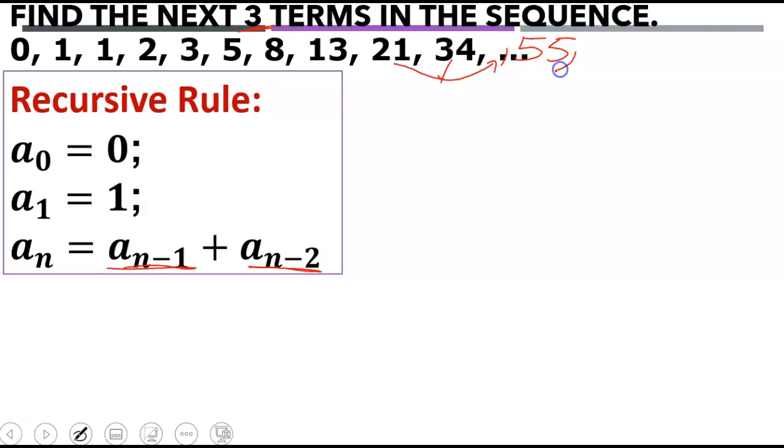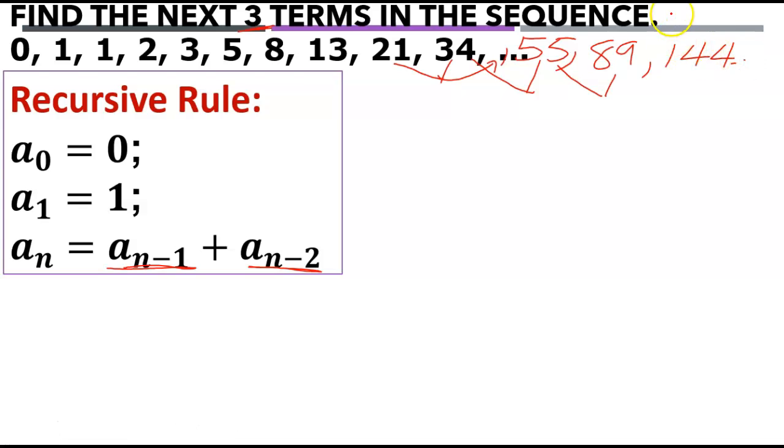Then we add 55 and 34. We get 89. And then we add 89 and 55. We get 144.